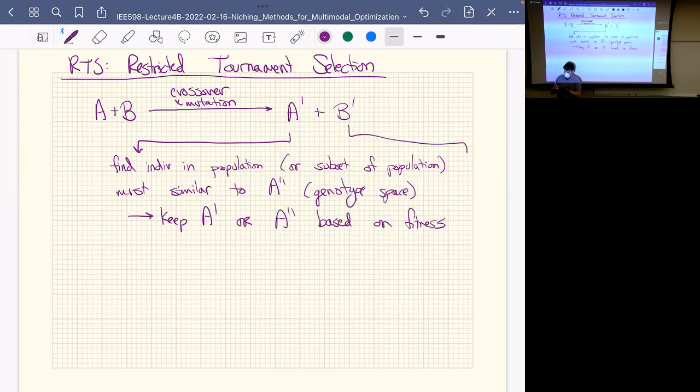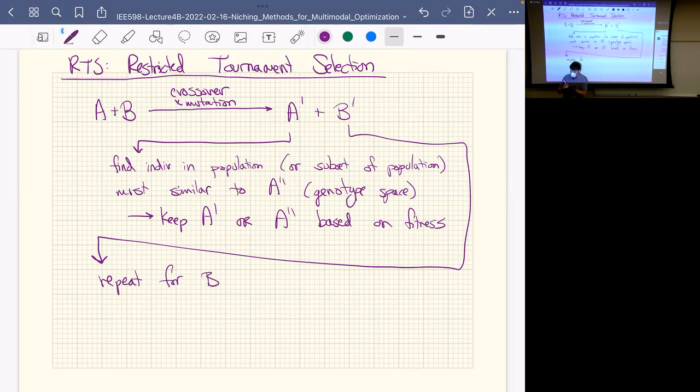And then we repeat for B prime and some B double prime. And that's restricted tournament selection. Okay, any questions about that? So that way, again, the goal here is to eliminate niche loss.